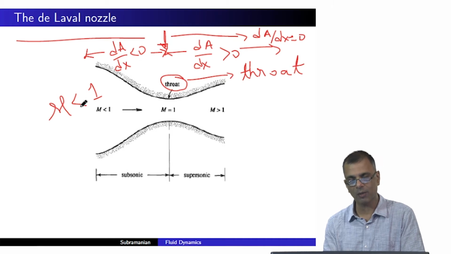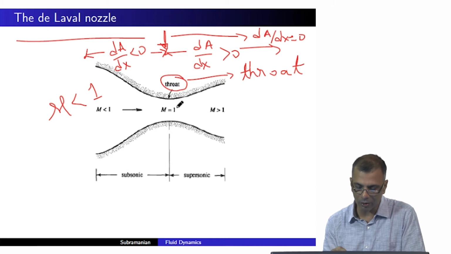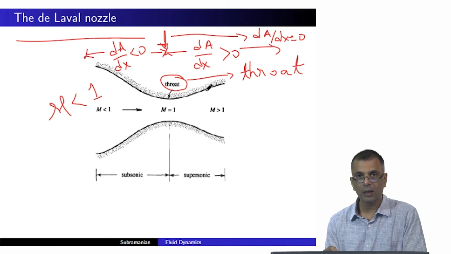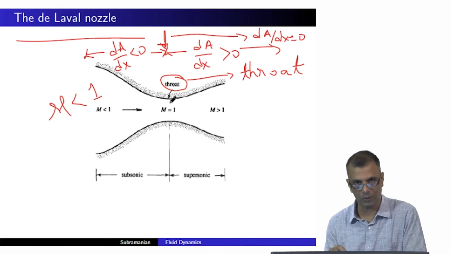It's increasing from less than 1, and it comes to a point where at the throat, the Mach number is exactly equal to 1. Okay, and beyond that, the flow continues to accelerate. Anything beyond Mach number equal to 1 becomes Mach number larger than 1, of course.